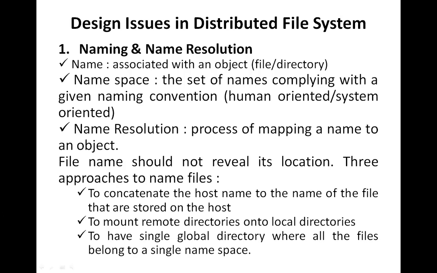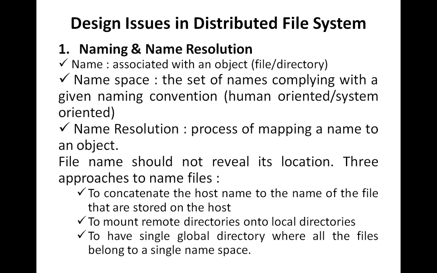The second approach is to mount remote directories onto local directories. Mounting a remote directory requires that the host of the directory be known. Once a remote directory is mounted, the files can be transferred in a location transparent manner, thus achieving the location transparency goal.